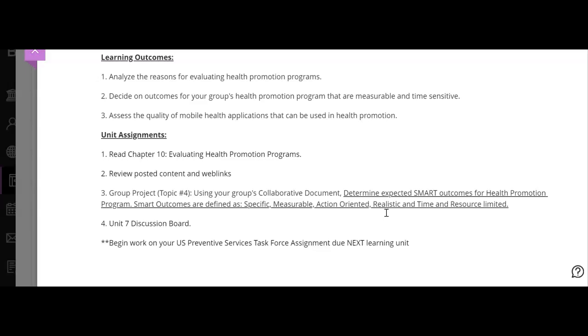Perceptions is another big behavioral outcome. Perceptions means what did your group members either think or know about a topic, such as physical activity or vaping, at the beginning, and what did they think about the topic at the end. So perceptions is a big one that's easy to measure.